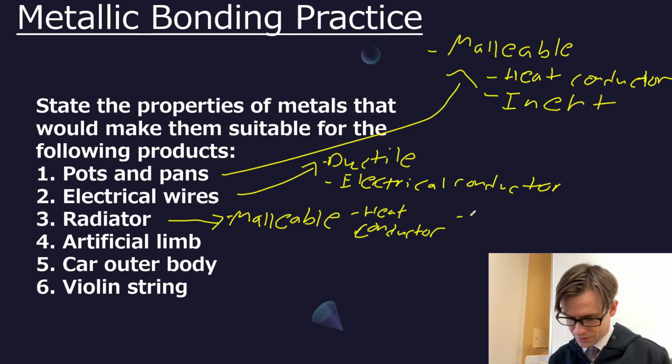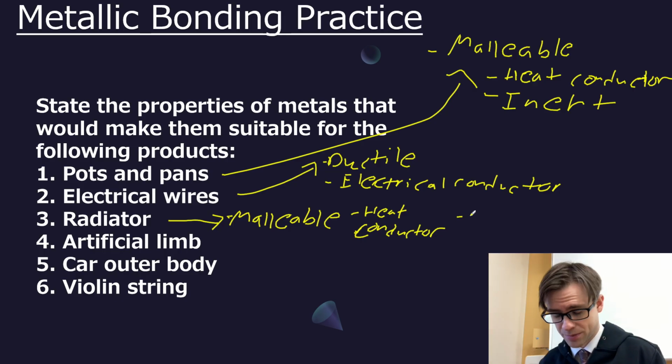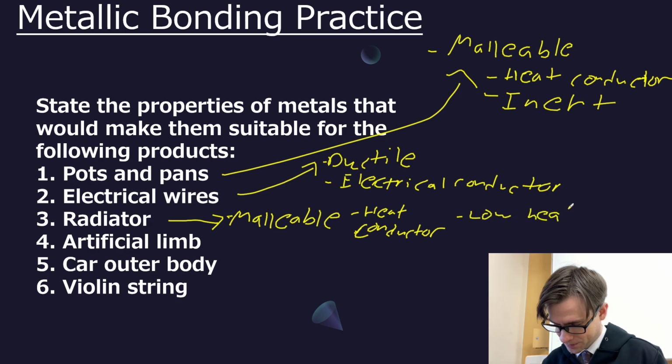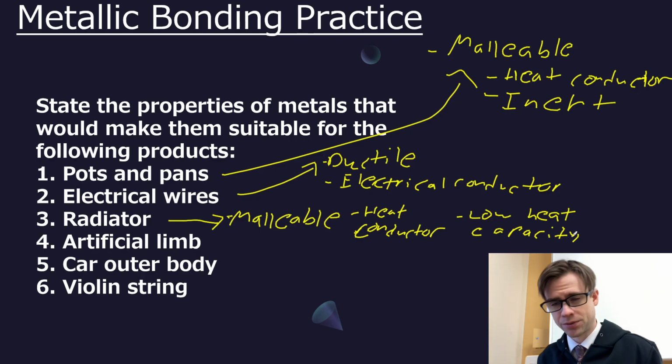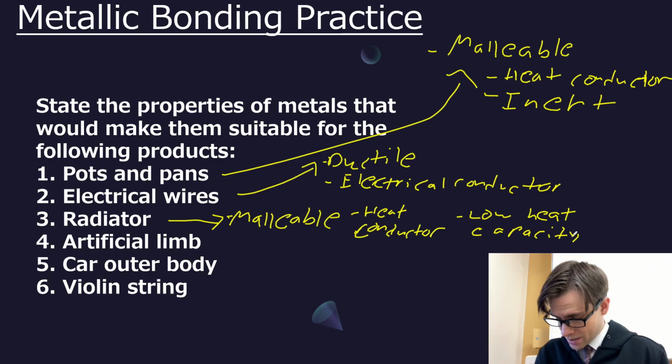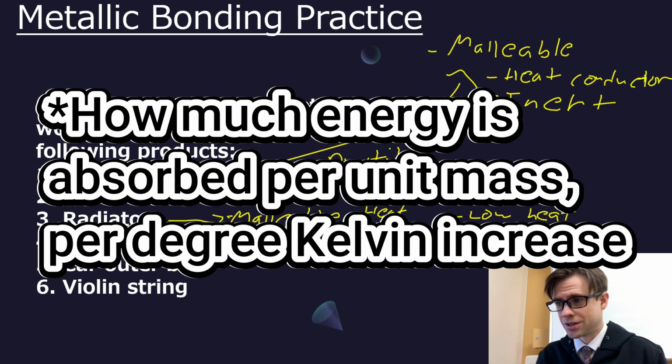And there's one more thing I'll say here, which is maybe something new I haven't mentioned yet, but we generally want a material with low heat capacity, I think. This is something you'll learn about in the energy and enthalpy heat transfer section of the course. But heat capacity is something that tells you how much energy the material can store as heat.